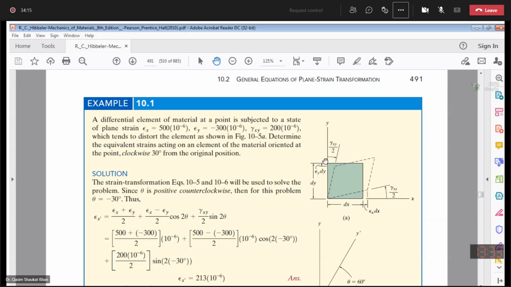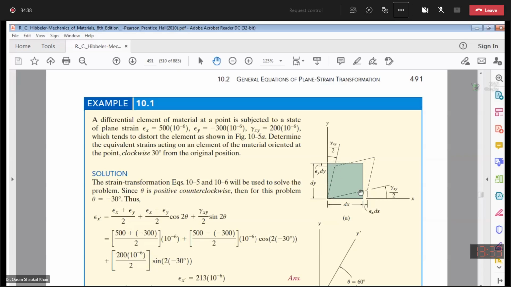If you focus on this figure, you will see that this solid shape is your actual element. Dimension in the x direction is dx, dimension in the y direction is dy. And after the application of the stresses, this is the deformed shape of the element.